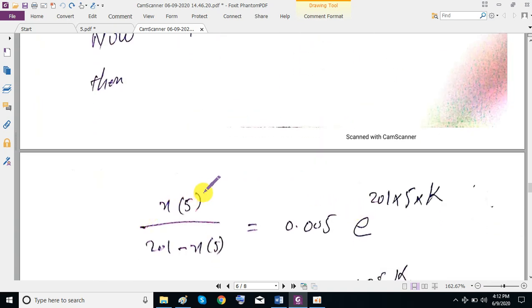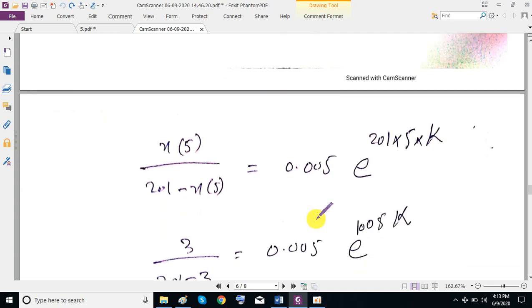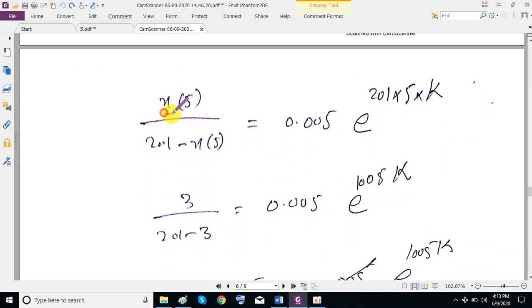So put 5 in place of t: x of 5 over 201 minus x of 5 equals 0.005 e power 201 times 5 and k in its place. Now put the value of x of 5 which is 3 divided by 201 minus 3, this is equal to 0.005 e power, multiplying these two, 1005 k.